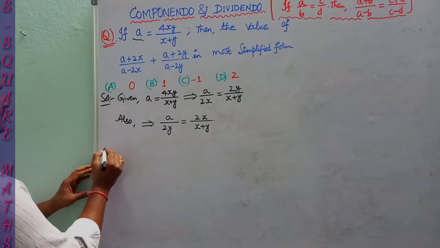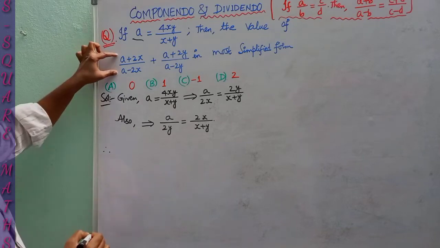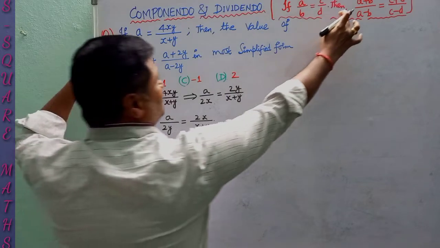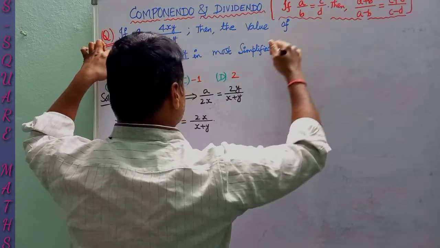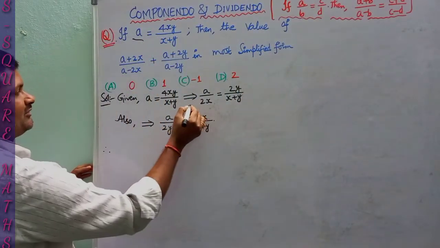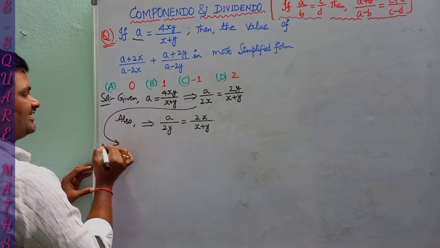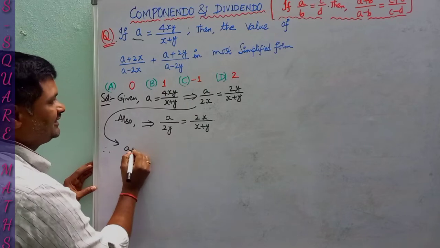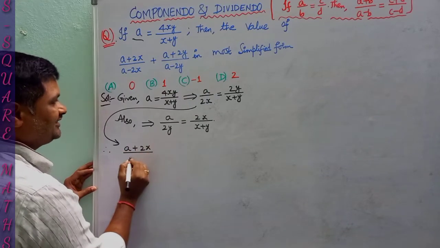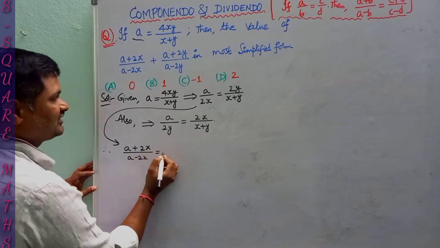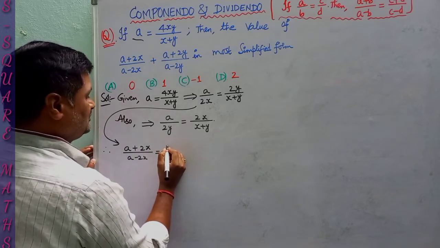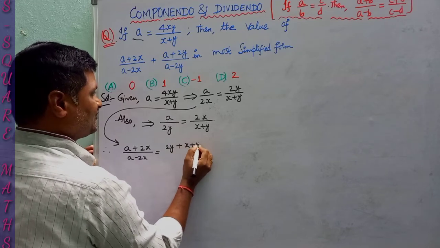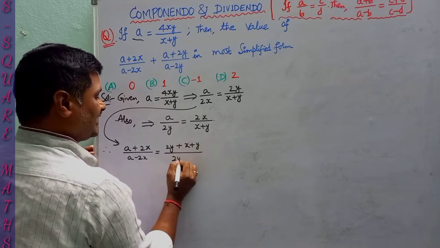Therefore, now consider a plus 2x by a minus 2x. We are going to apply here a plus b by a minus b is equal to c plus d by c minus d. So by componendo and dividendo, a plus 2x by a minus 2x is equal to 2y plus x plus y by 2y minus of x plus y.